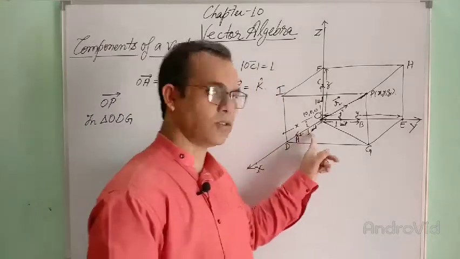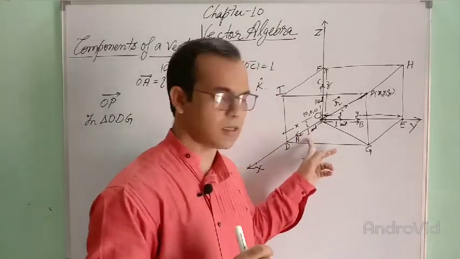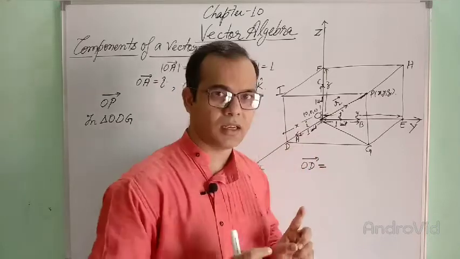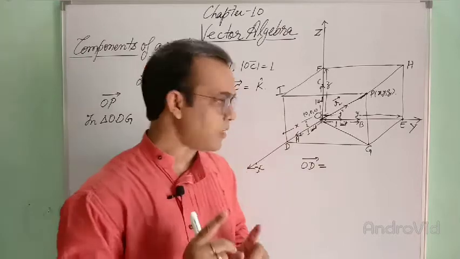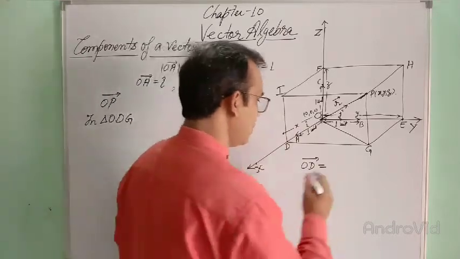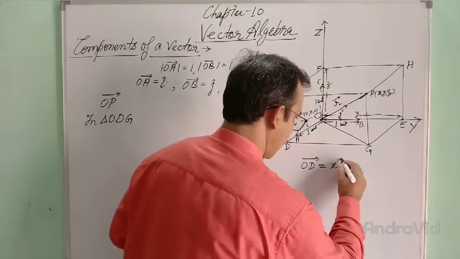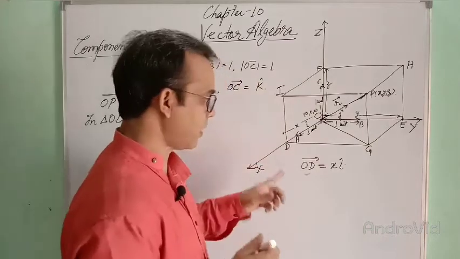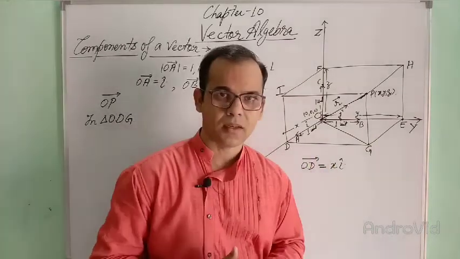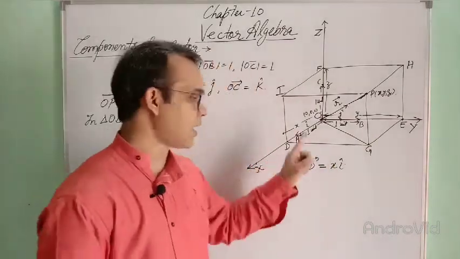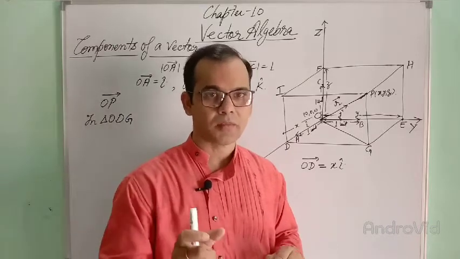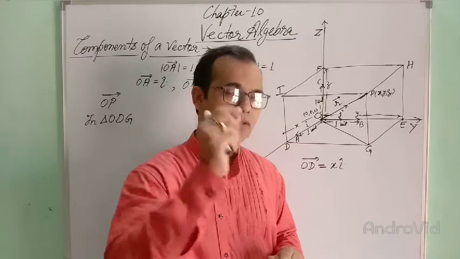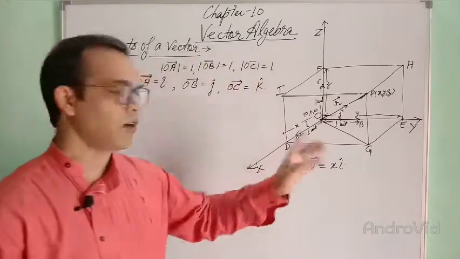I cap is the unit vector along the x-axis, and the length of OD is small x. It means the vector OD equals x i cap. It should be clear, because i cap is the unit vector along the x-axis and x is the length OD. So this length will be multiplied by the unit vector, then you will get the vector OD.